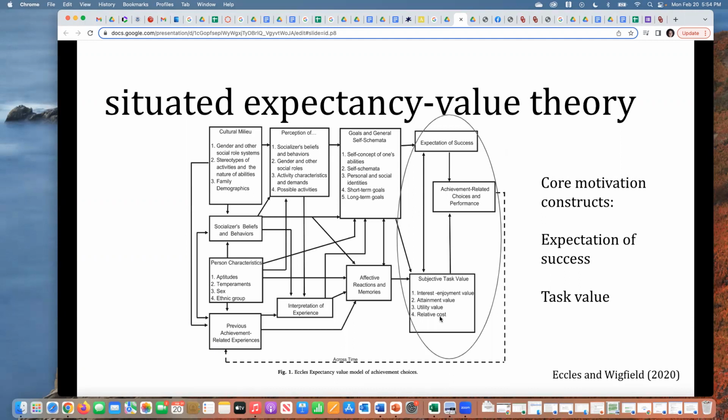What this theory proposes is that all of these previous considerations are really important in directly and indirectly shaping students' motivational beliefs, which are reflected here in expectancies and task values. And in turn, these motivational beliefs are powerful predictors of how well students ultimately end up performing and the subsequent choices that they make.